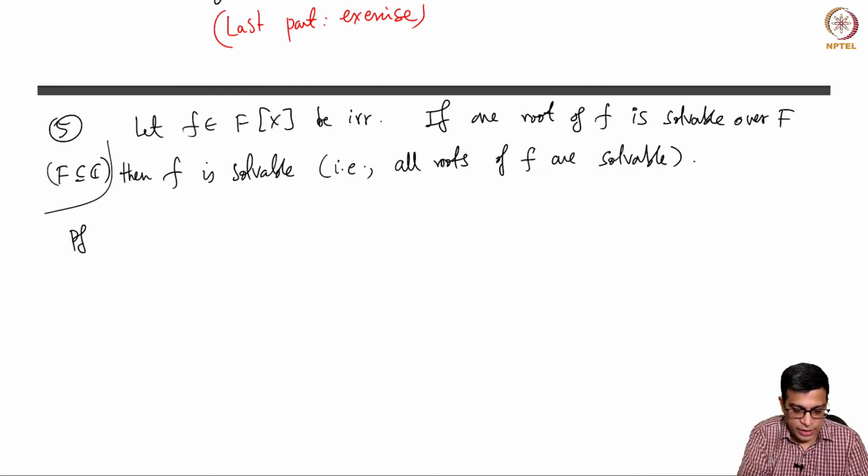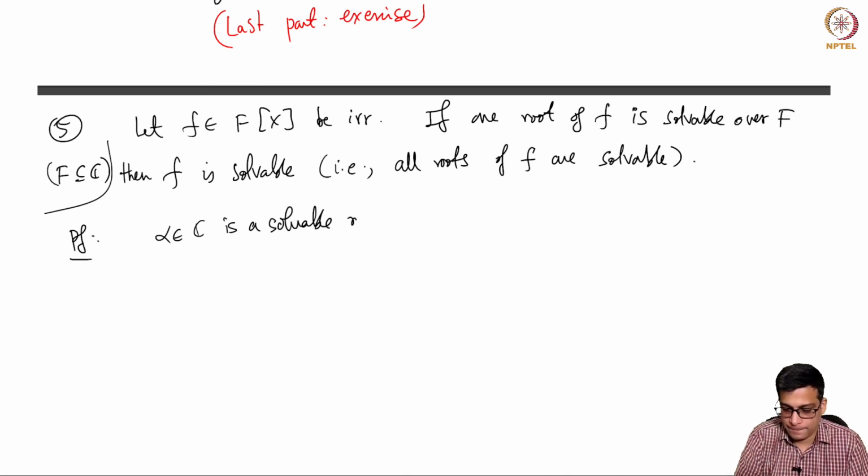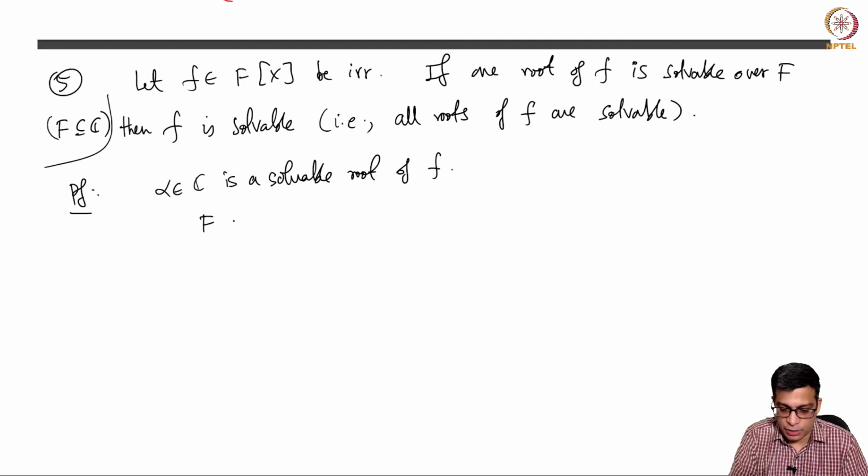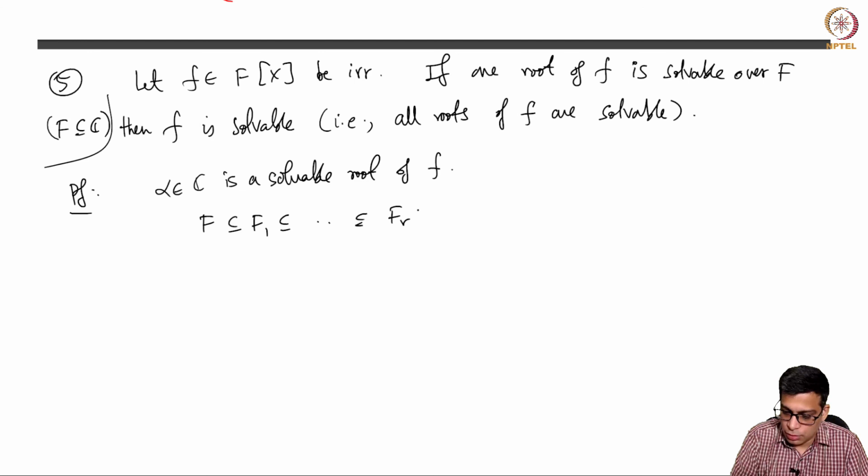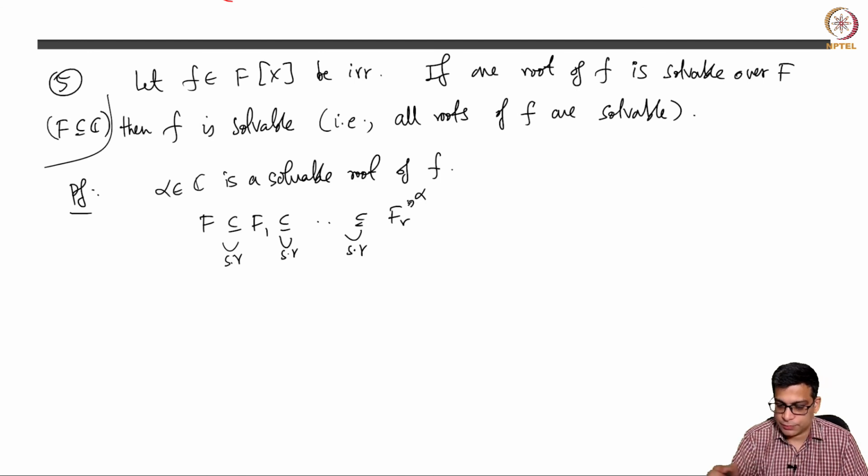And the proof is fairly clear. So suppose alpha in C is a solvable root of f. Okay, so you have a tower starting with F and ending with a field. This is simply radical, simply radical, simply radical, and alpha is here.